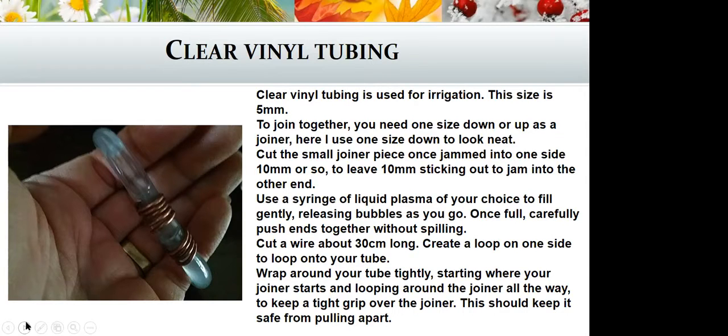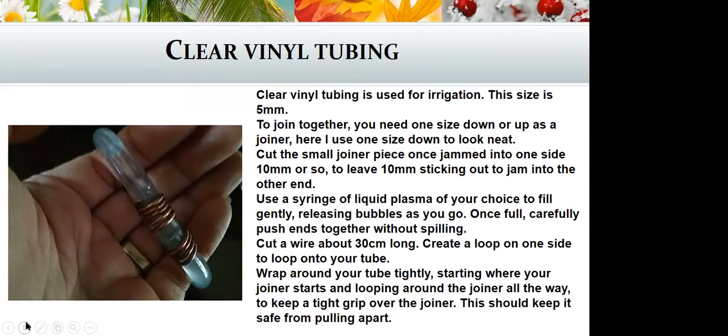Then they'll fit either inside or outside the ring. So here I use one size down so that I make it tidy. So we cut a small joiner piece once we've jammed the one side into the 5 millimeter. We'll push it in about 10 millimeters in, leave about 10 millimeters sticking out, to be able to use it as the little joiner in between.